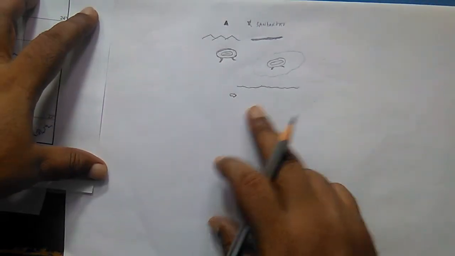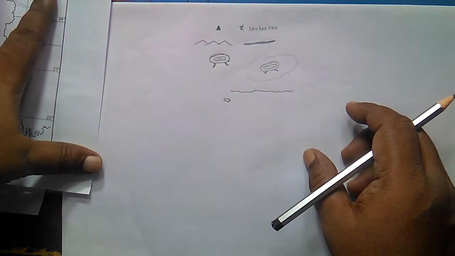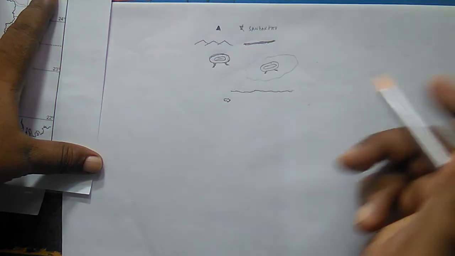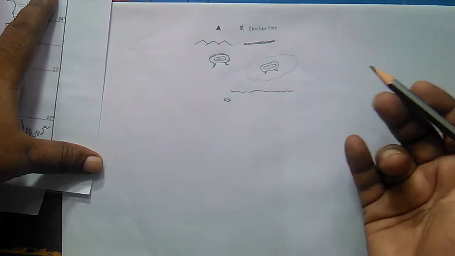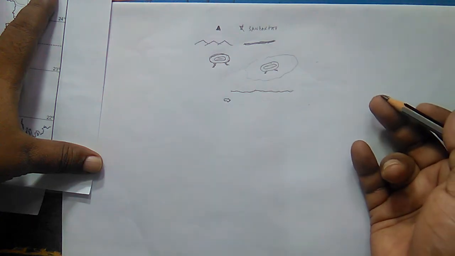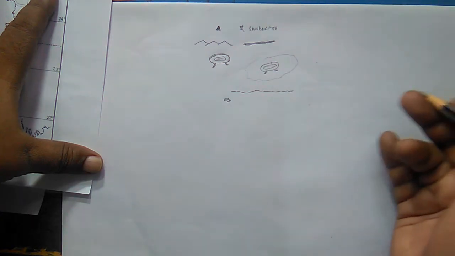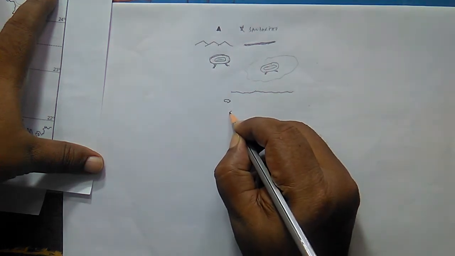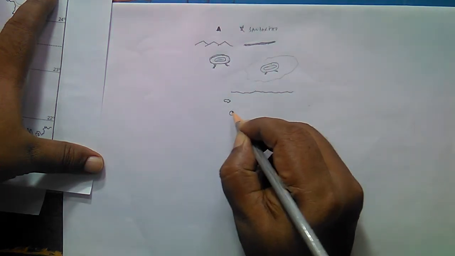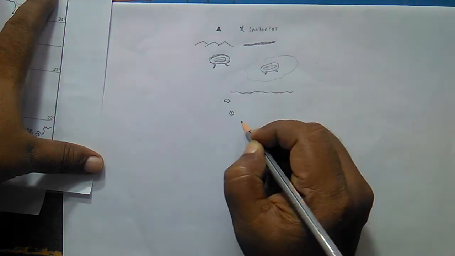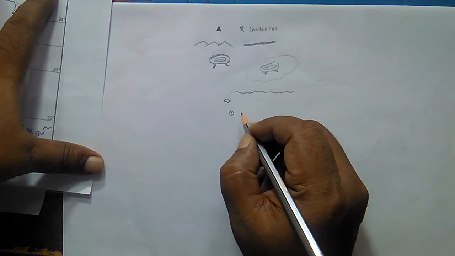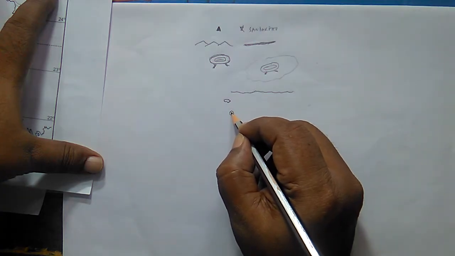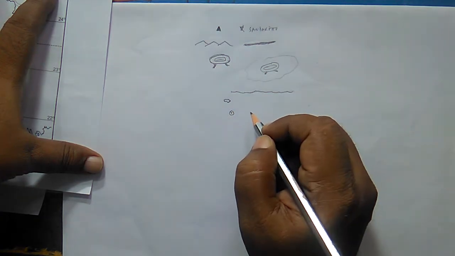Now, apart from the lakes, you may be asked to show some cities, district headquarters, capitals. In case of West Bengal, obviously the capital is only one, that is Kolkata. But in class 10, you will be getting a number of capitals. Normally, a capital is shown like this, a small circle with a dot inside it. If you are using color, the outside should be black and this dot should be red.